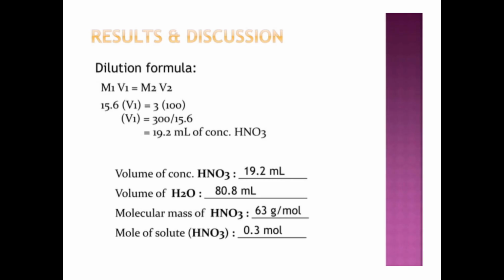Of course, the molecular mass of HNO3 is 63 gram per mole. Those are additional information that you may want to add. And then the mole of solute is 0.3, and of course you get the mole of solute from concentration is equal to number of moles over volume.